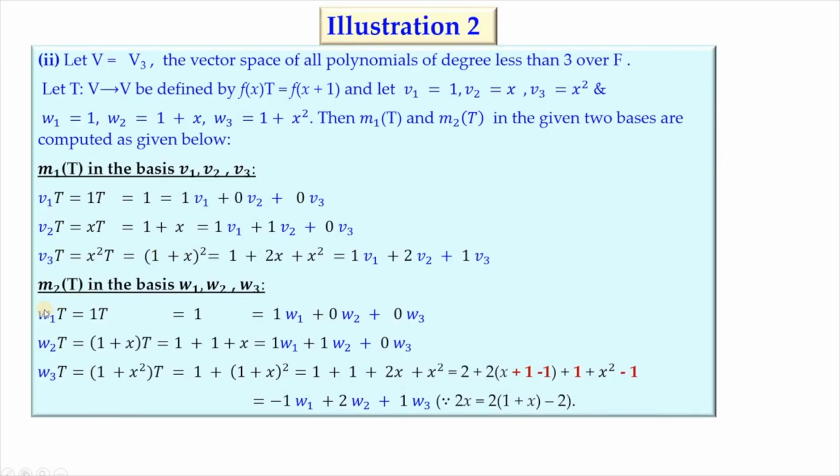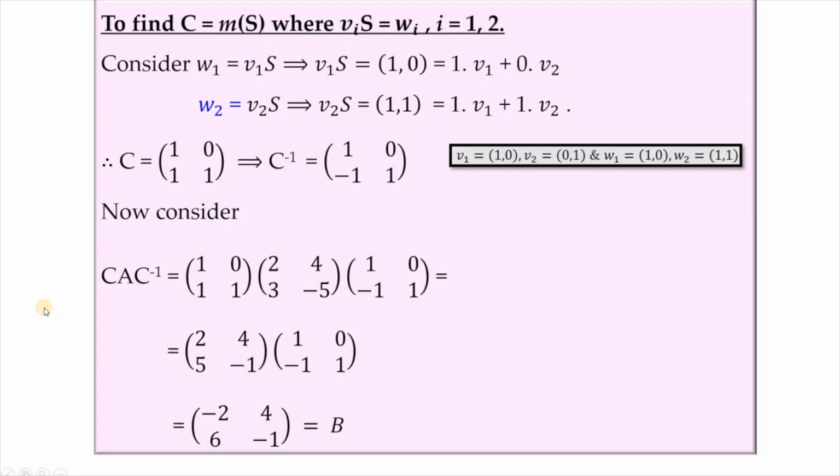When we say that those two are similar matrices, we have to be able to write M2 of T as C M1 of T C inverse. That is the main thing we need for an illustration of this theorem. For this we have to find out what C is, which is the matrix of the transformation that takes Vi's to Wi's.